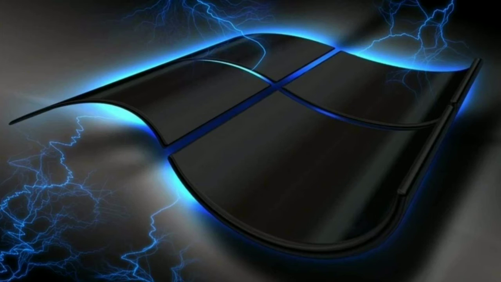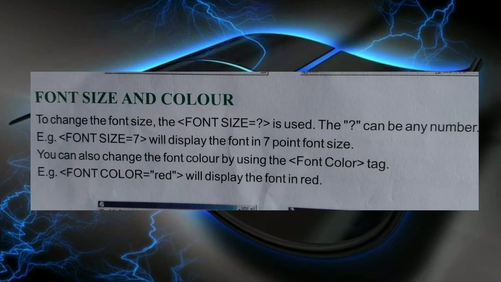Okay students, to change the font size, the font size equals question mark tag is used. The question mark can be any number. Example, in tag font size equals 7, tag close will display the font in 7-point font size.